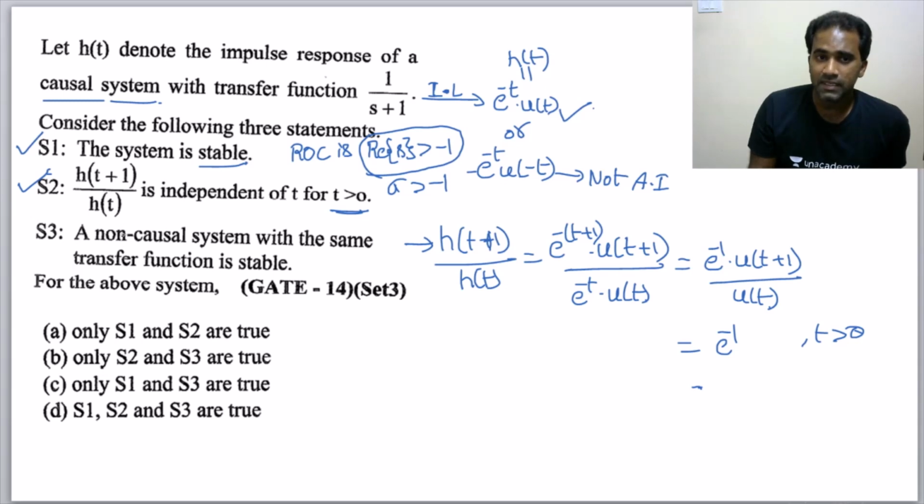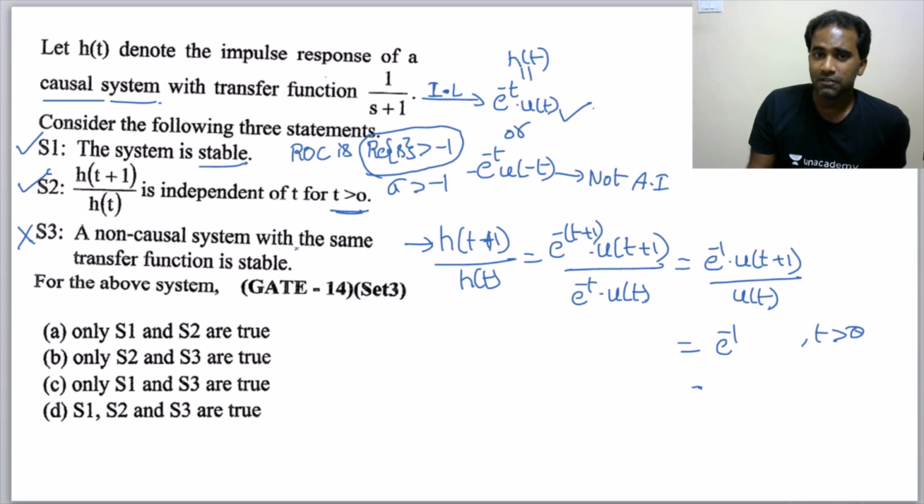So whatever statement they are saying in the third one is not correct. If the first statement is true, the third statement should be false, no? Because if a causal system with the same transfer function is stable, the non-causal system corresponding to the same transfer function will definitely not be stable.